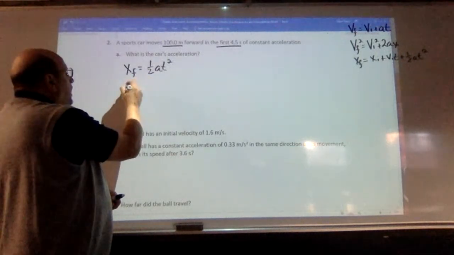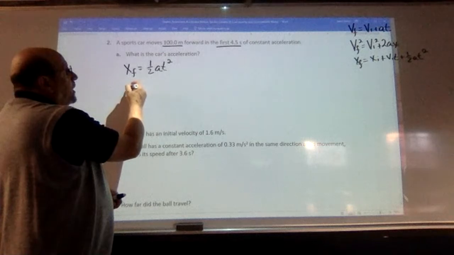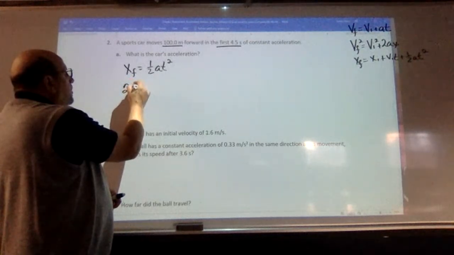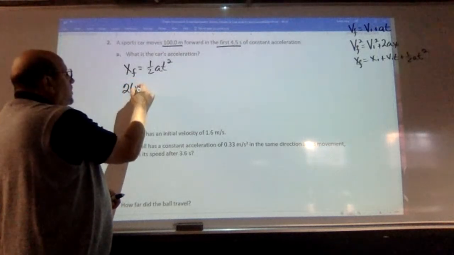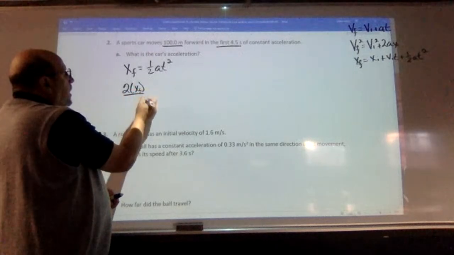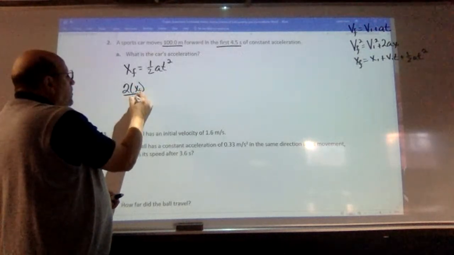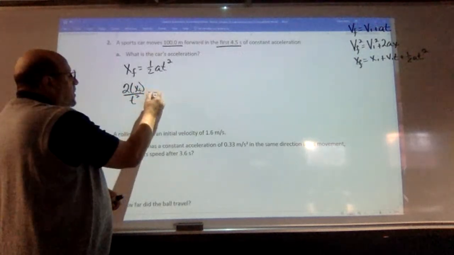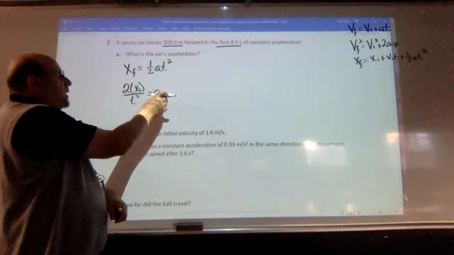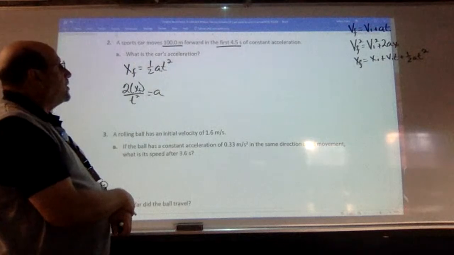So it ends up being 2 times the distance divided by the time squared gives me my acceleration. Okay, and that's just me rewriting this for acceleration, right?